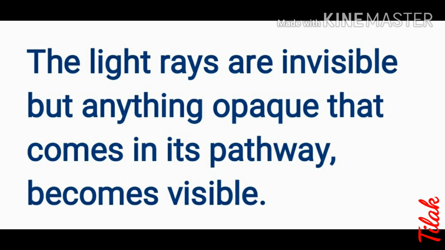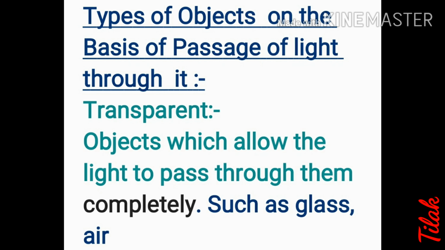Isn't it interesting to know that the light rays are invisible, but anything opaque that comes in its pathway becomes visible? Children, you are already aware how you can sort out the different types of objects.